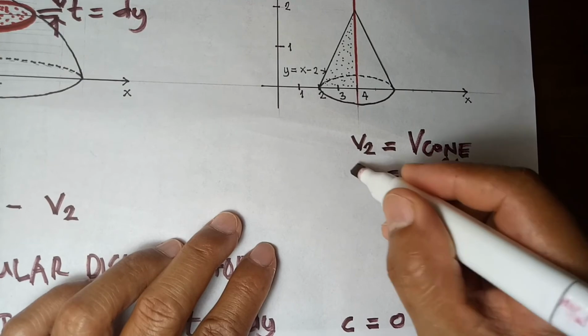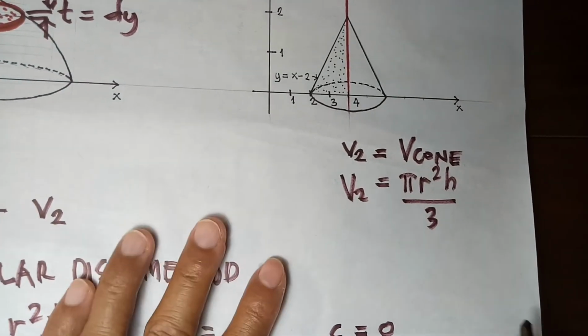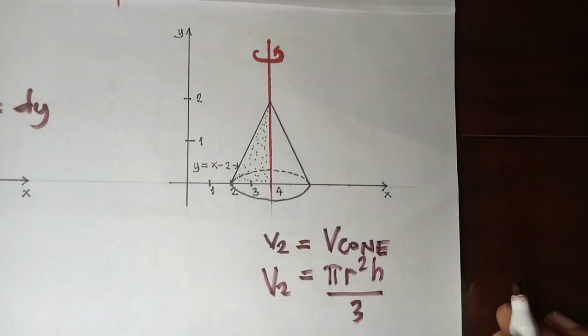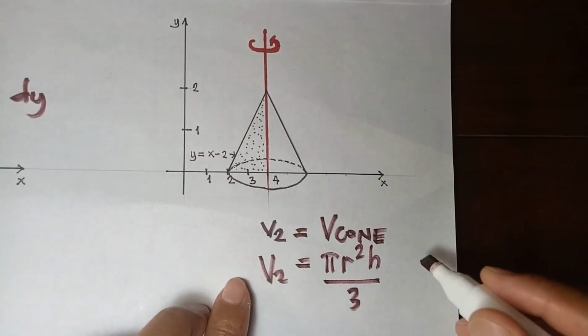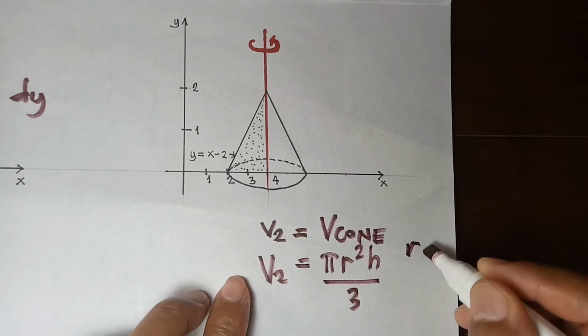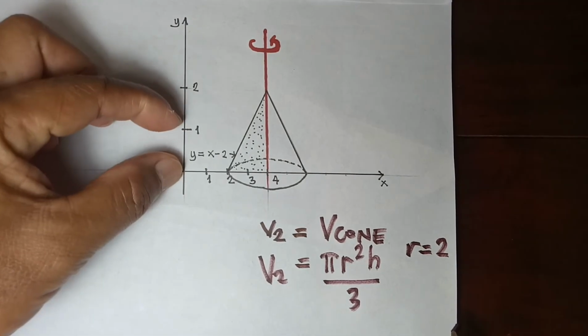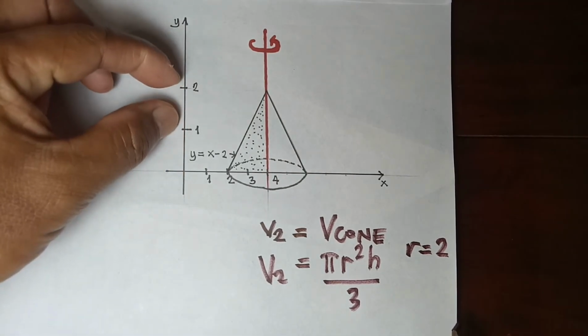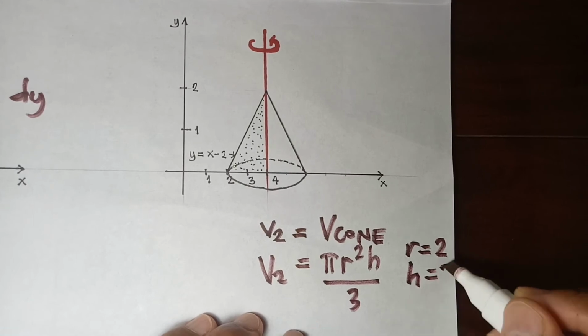Ito yung formula. Volume 2. Ngayon, yung ating R is 2 units, ano? R equals 2 units. Yung height natin, yung H natin ay 2 units din. H equals 2 units din.